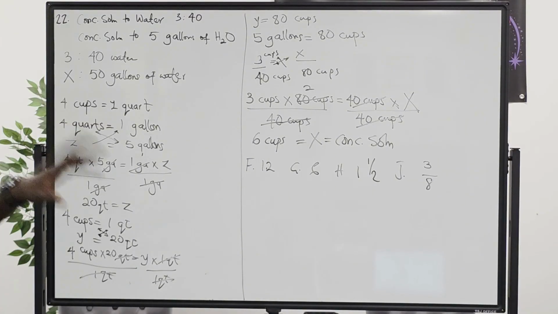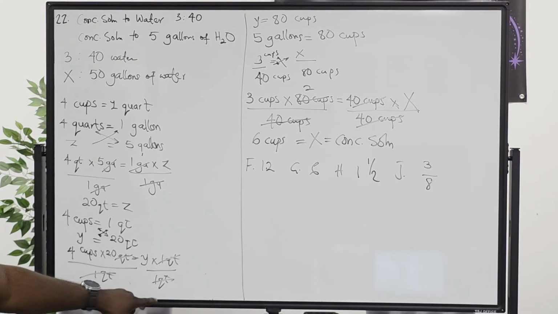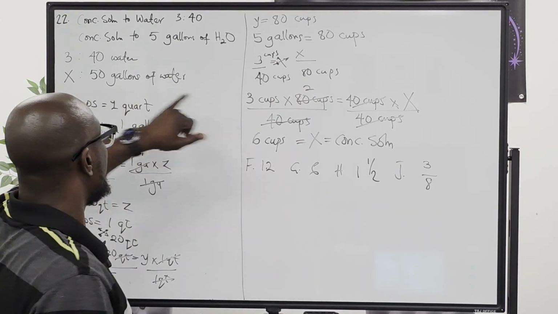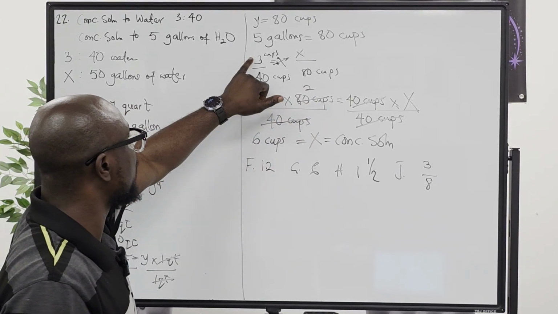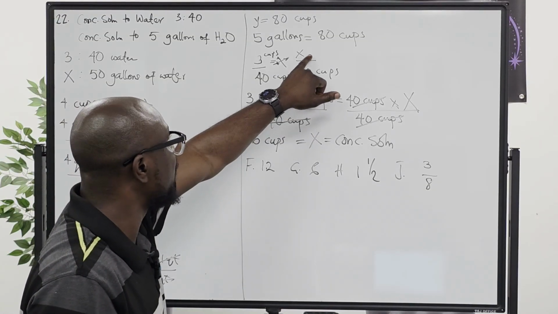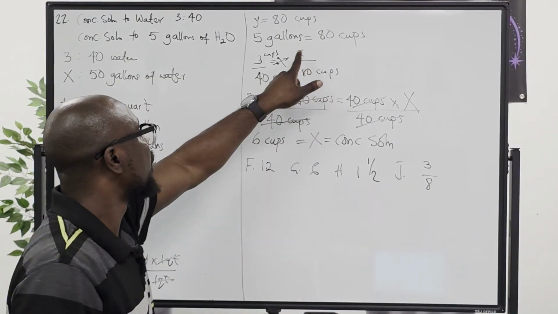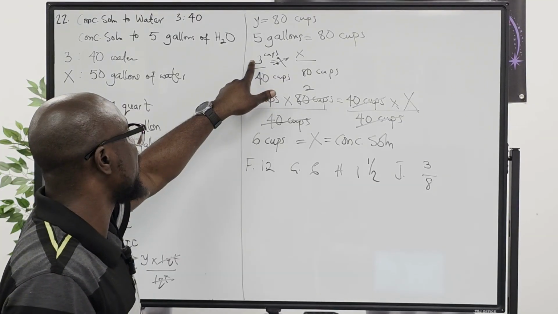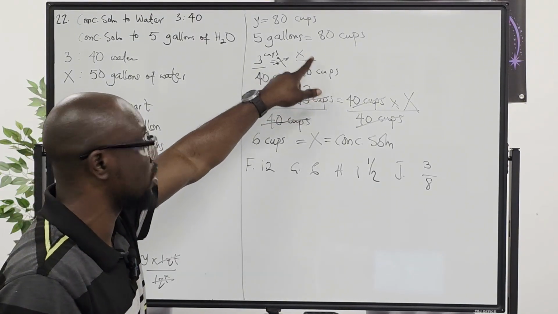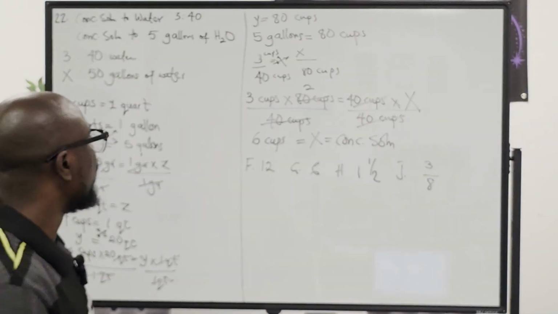Once you're able to get the number of cups right here as 80, you know that for every 40 cups you will need 3. For every 80 cups, definitely you're going to need 6, because if I times this by 2, that gives me 80, which means 6 is going to be at the top. So you can just stop there.